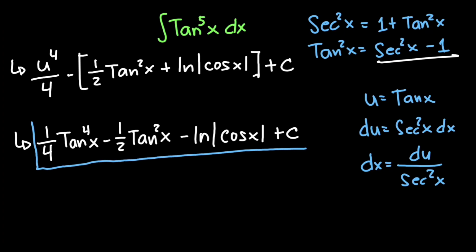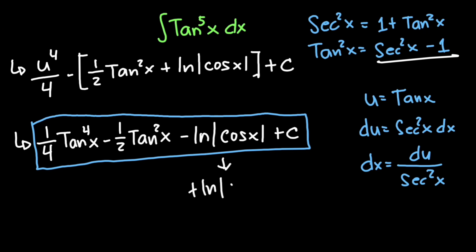This is the final answer for the integral of tangent 5 of x. Or you can just switch this, or this can be plus natural log of the absolute value of secant of x. Either way, this can be the answer.